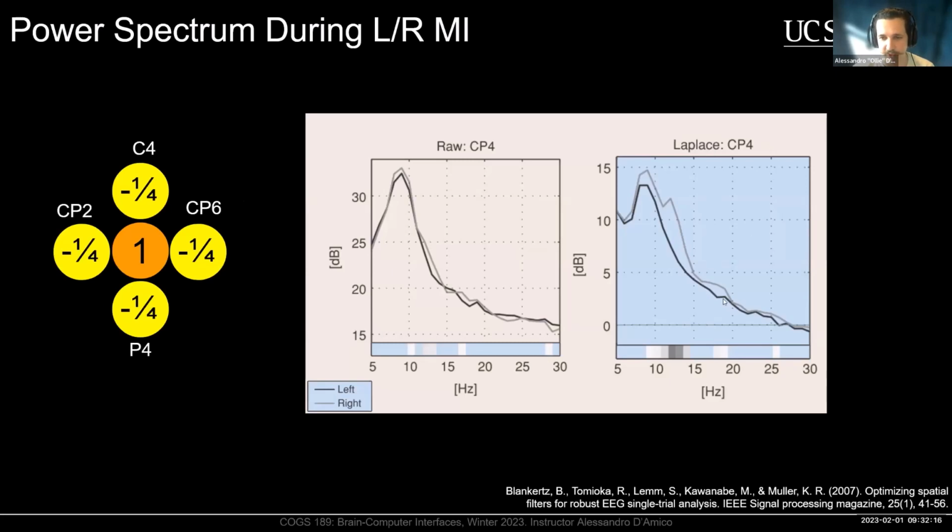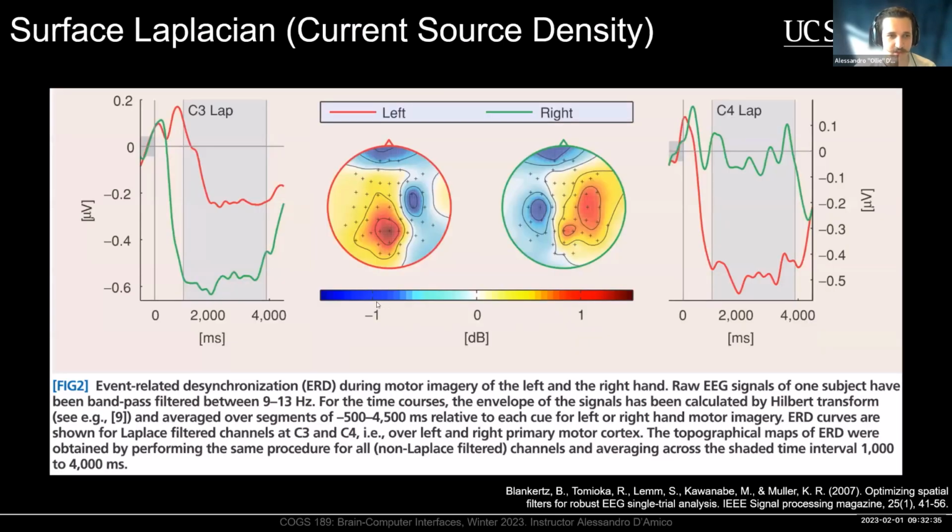So yeah, that's a surface Laplacian. And again, we see an improvement over common average referencing. Now we're seeing much more accentuation, especially between 10 and 15 hertz. So this signal is starting to get pretty good. And actually, the surface Laplacian is a very good choice in general. This is an example of taking this Laplace filter and examining it over the time series data.